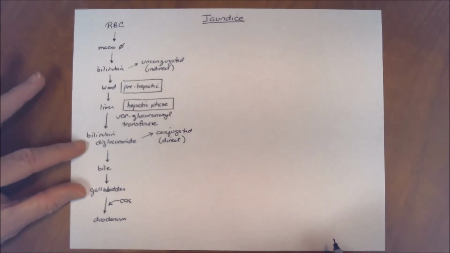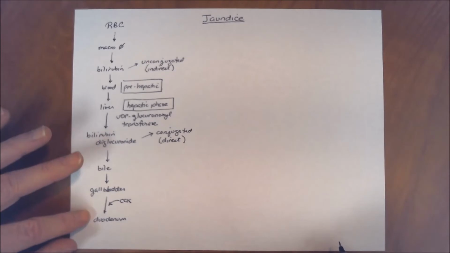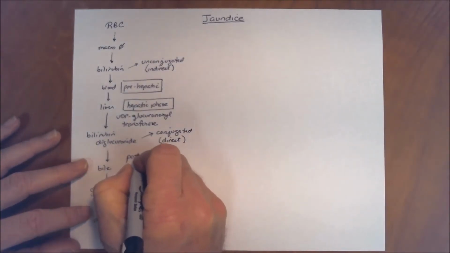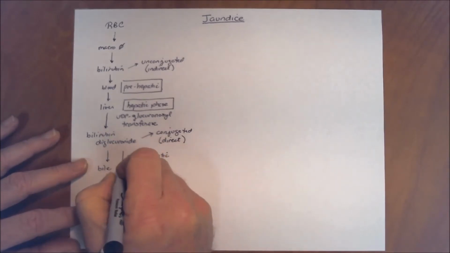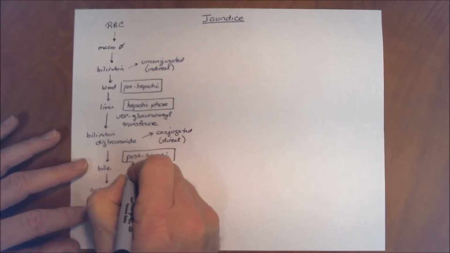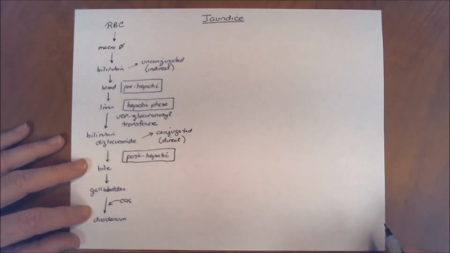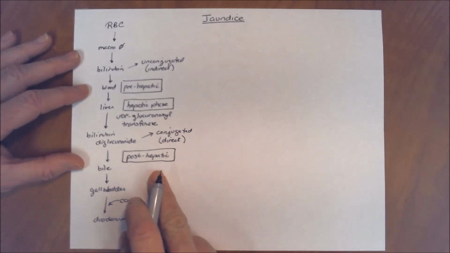Once we have this waste product secreted into the bile, proceeding down the bile duct, then we have the post-hepatic phase. Essentially, this is after the hepatocyte has done its conjugation job. This will become important in diagnosing the stage of jaundice.